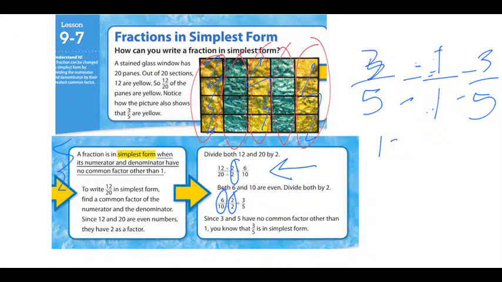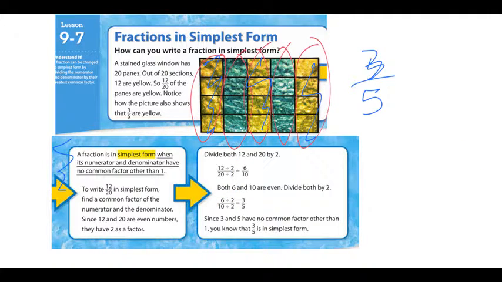But I'm noticing that for 12/20ths, something they have in common is 4. So I could divide by 4/4. Instead of dividing by 2 twice, I could just do that, and that gives me the 3/5. Okay, and I can't get any lower than that. It can't be broken into any smaller pieces.